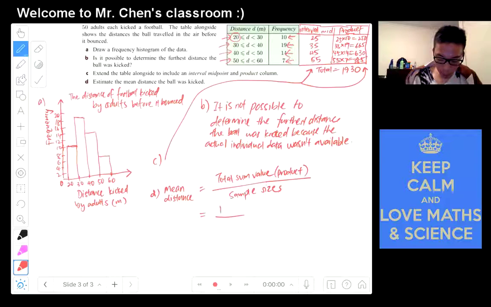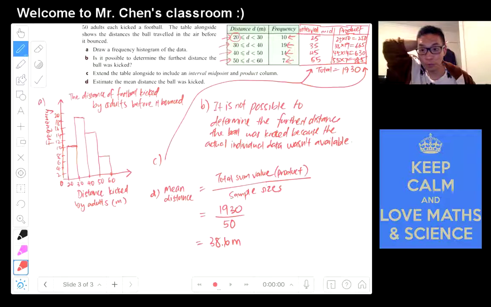So total is 1930, sample size, so 50 adults were kicking it. So pretty much 1930 divided by 50, which gives you 38.6 meters. Okay, the unit is meters because it is the distance of the ball kick in meters.